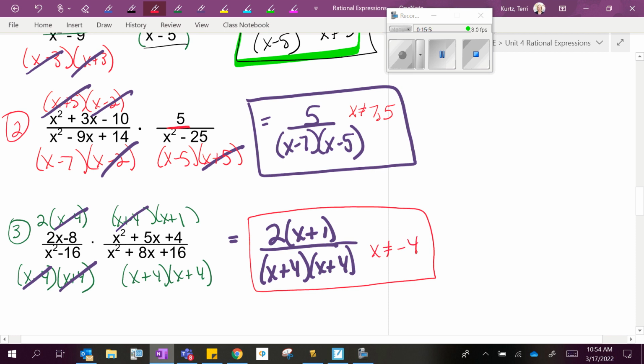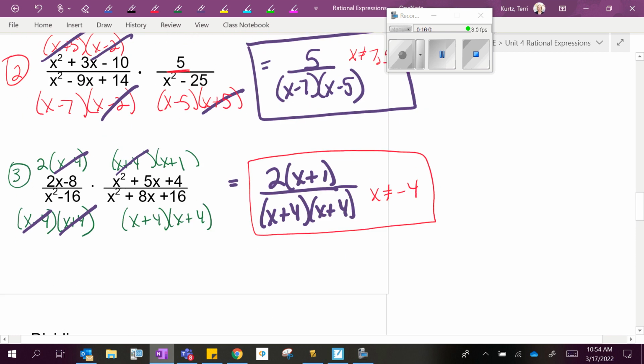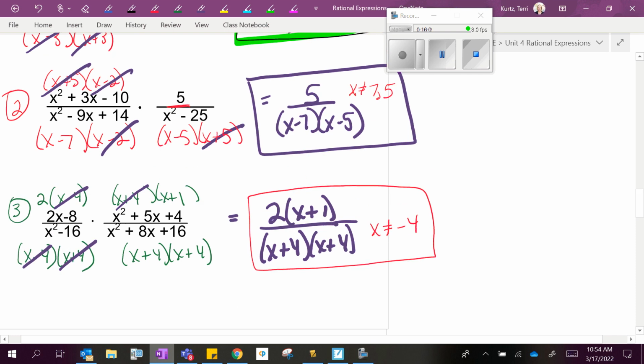Okay, so that's all I'm going to cover for right now. We're going to go through division. It's really simple, or it's not too hard, but we're going to use that as our warm-up next time and go over division as a class. So I want you to stop the video, and I want you to work on the homework now for just simplifying and multiplying.